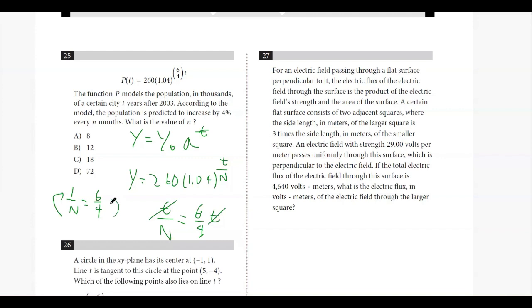Flip it over, and we get n equals 4 over 6, which is also equal to 2 over 3.